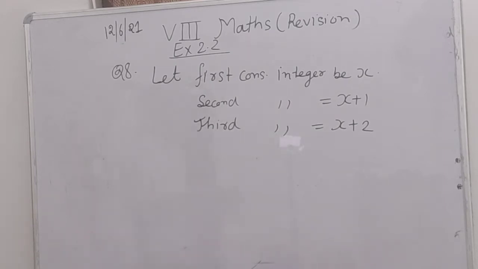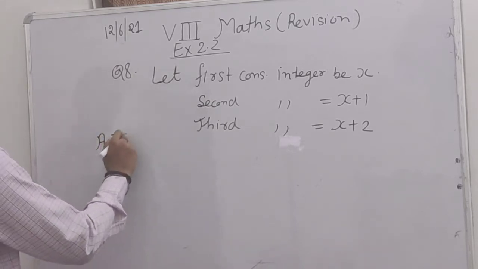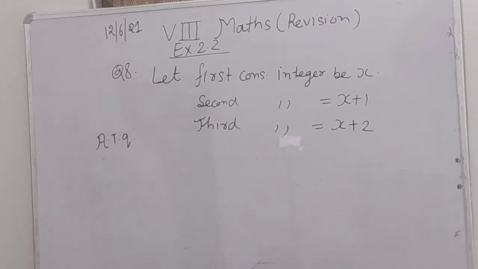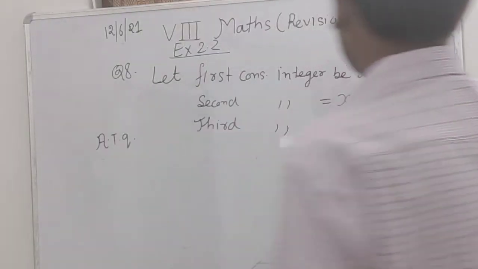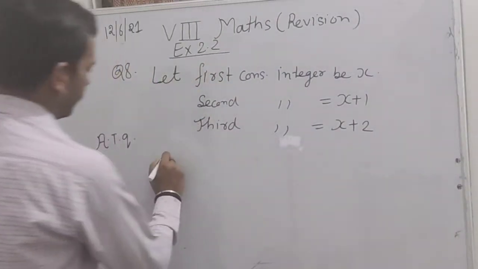They are in increasing order and multiplied by 2, 3 and 4 respectively. So according to the question, x, x plus 1 and x plus 2 are in increasing order.